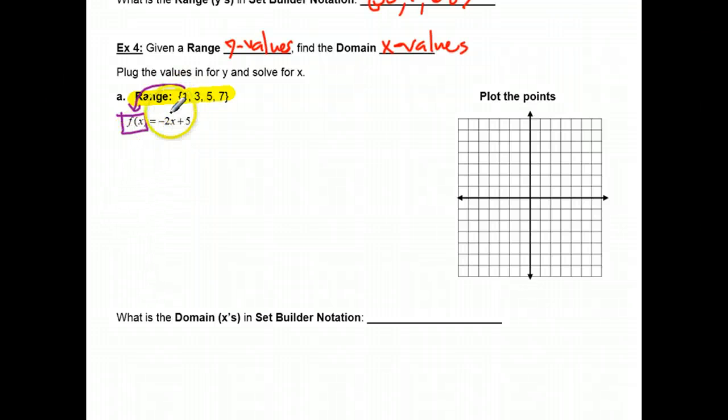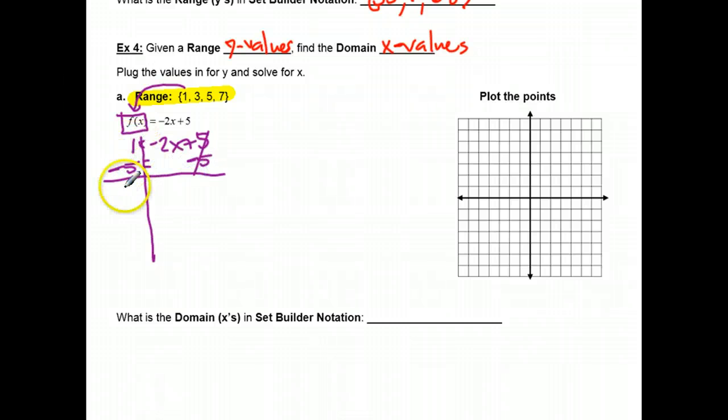So, first one is to plug in 1. I'm going to plug in 1 for my f of x or my y, equals, bring the equation down, -2x plus 5. Now we're going to solve this equation for x. Remember, go in the right order. We're going to get rid of the 5 first. If I need to draw my line to separate the sides, that's fine. So the 5's cancel out.